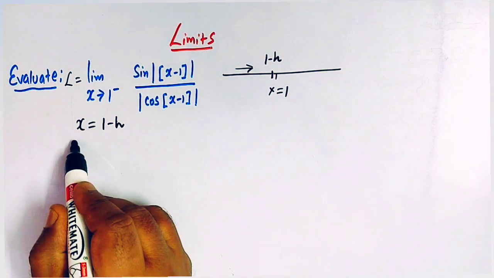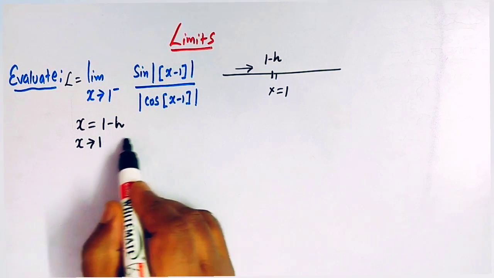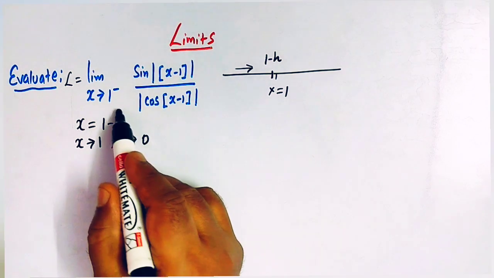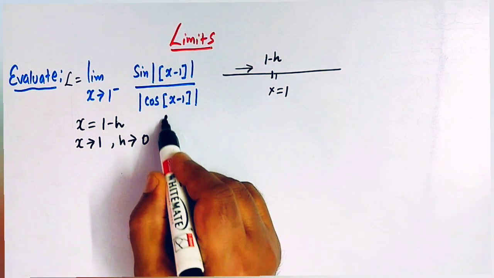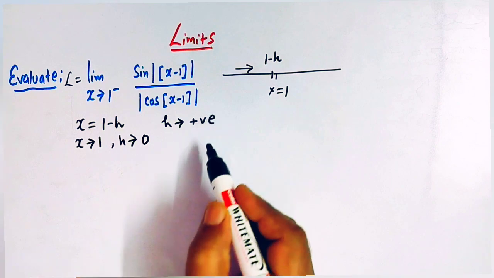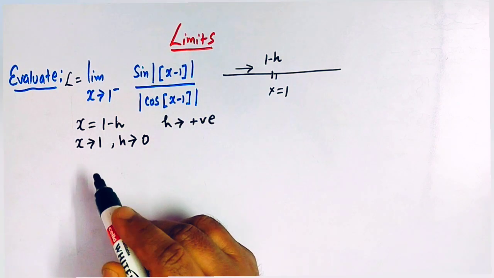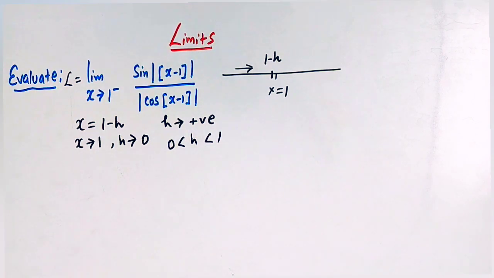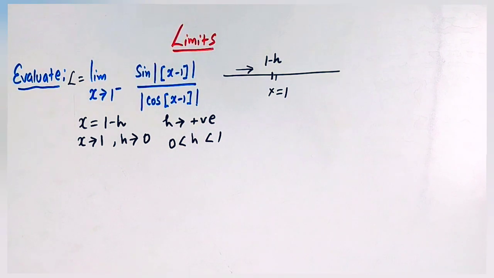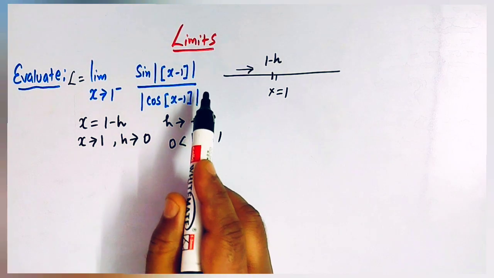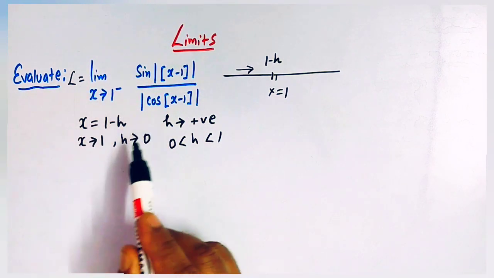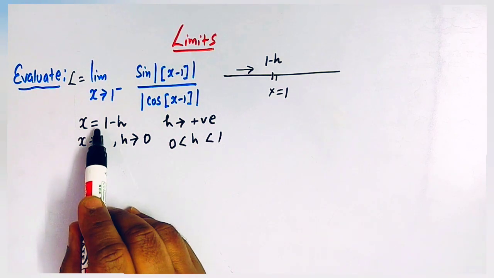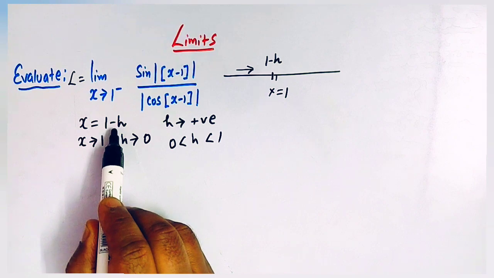When x tends to 1 then obviously h tends to 0. This quantity h is a positive and very small quantity, and it lies between 0 and 1. So let us transform this limit L in terms of h by taking this substitution, x equal to 1 minus h.